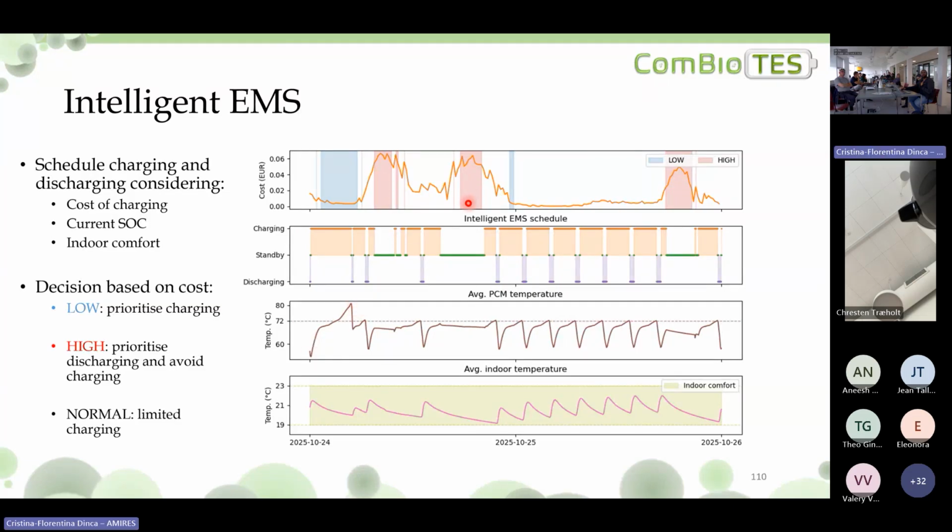And when the price periods are high, we avoid charging so that the indoor temperatures do not fall below the indoor comfort boundary. So this shows the capability of this intelligent EMS to respond to dynamic electricity price signals, considering local PV production, and then adapt the charging and discharging of the prototype while keeping the indoor temperature within our predefined comfort limit.